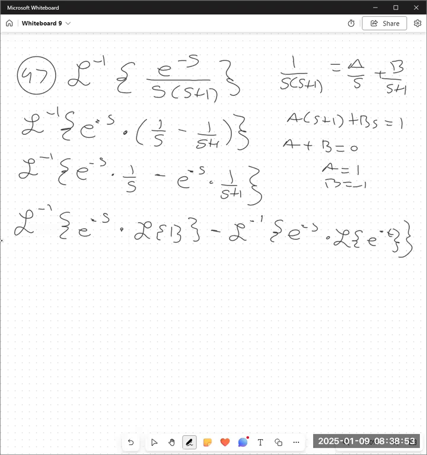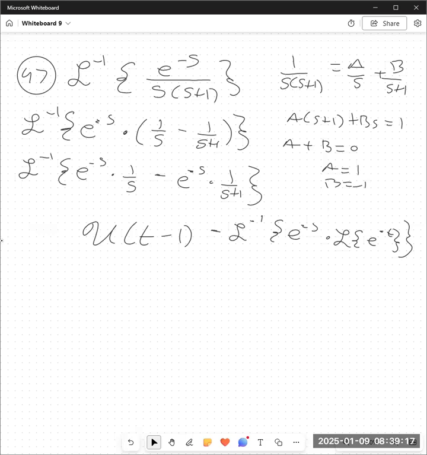So that gives me, this one here, I actually don't even need this piece here. This, by definition, the first one that we did, that's the unit step function t minus 1.